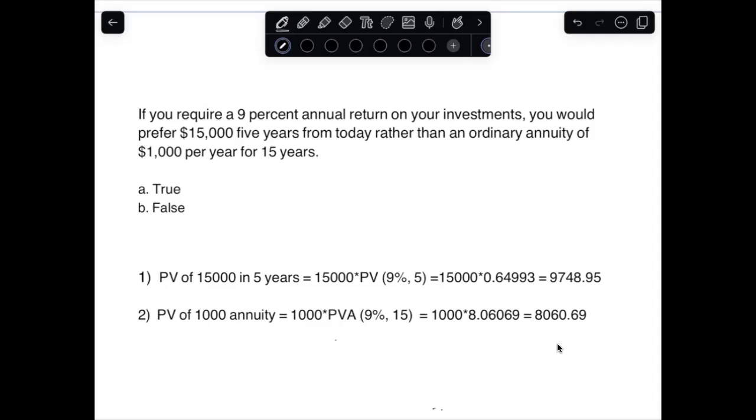Let's look at the first option, and let's go slowly here. In year 5, you get 15,000. So what does the 15,000 in 5 years mean for today?